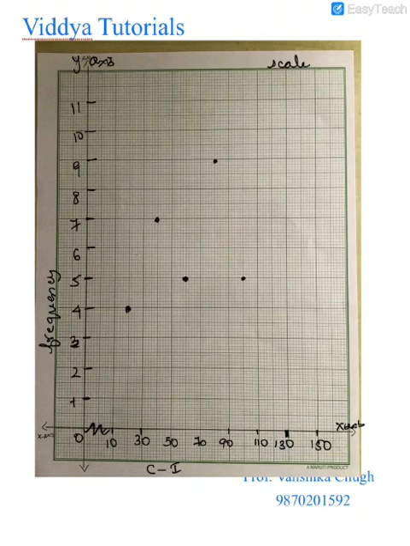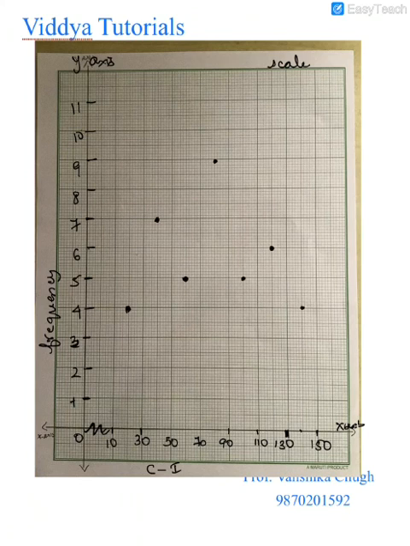Then 110 to 130, 120 is my class mark, the middle, and the frequency is 6. This is the point. Finally, 130 to 150, 140 is my midway, and my frequency is 4, so it is over here.